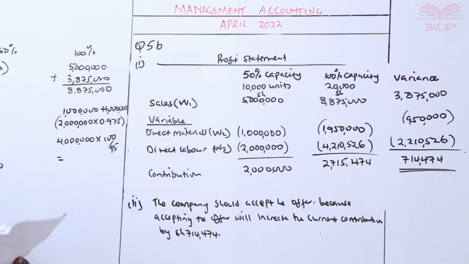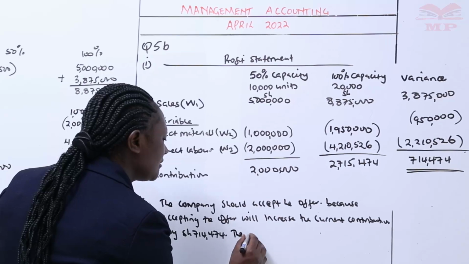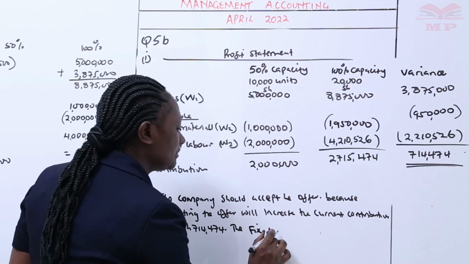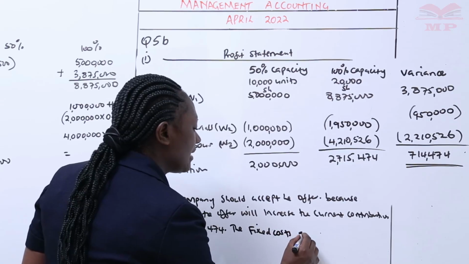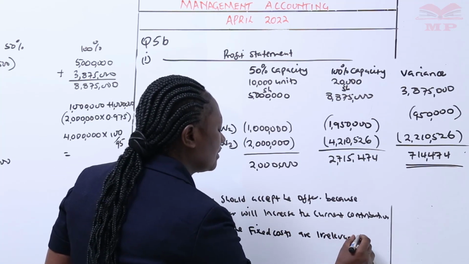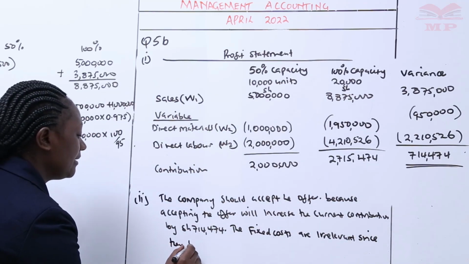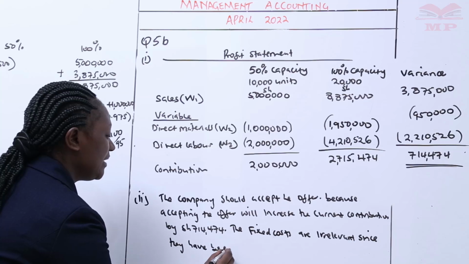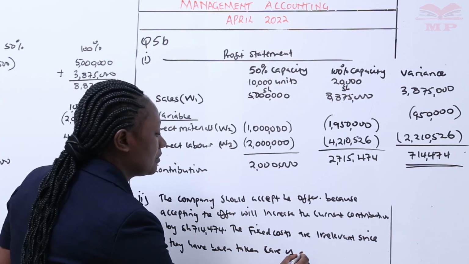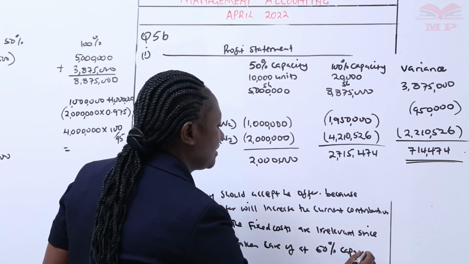So that is the advice we can give. And we can say, in this case, the fixed costs are irrelevant since they have been taken care of at 50% capacity.